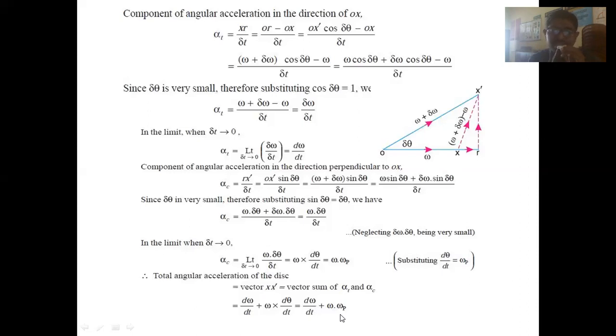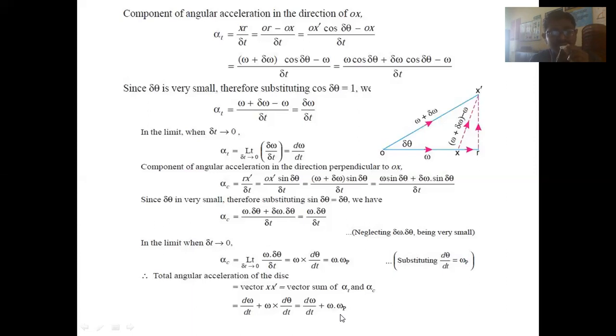Initially, I have taken a disk which is rotating in an anti-clockwise direction with an angular velocity omega when viewed from the front as shown in the figure. And for that disk, after a short interval of time delta t, it has changed its direction to OX dash. So for that disk, because of the change of angular velocity, there is an angular acceleration.